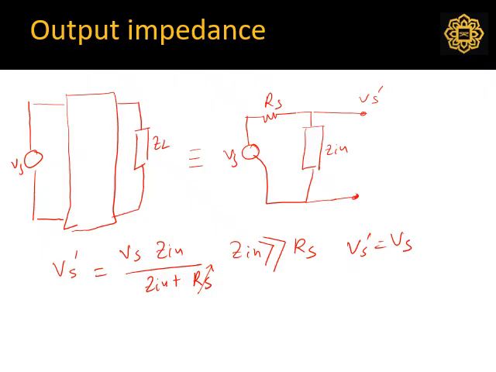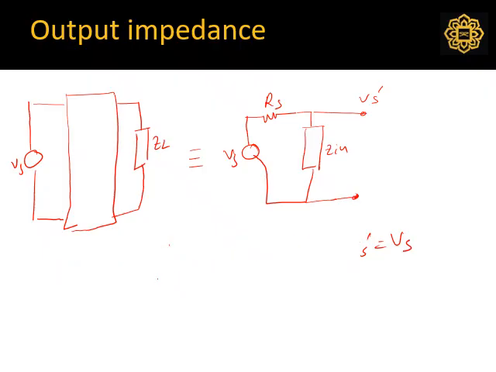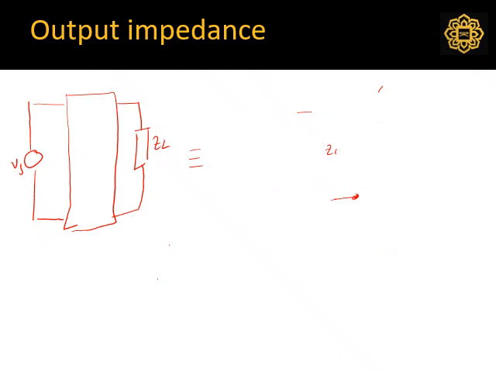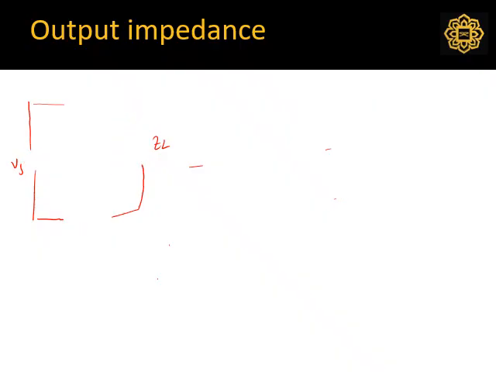Now let's talk about the output impedance in the same manner. In the case of output impedance, when you want to attach the device to something, you also have an output impedance. Output impedance, on the other hand, let me erase this first.